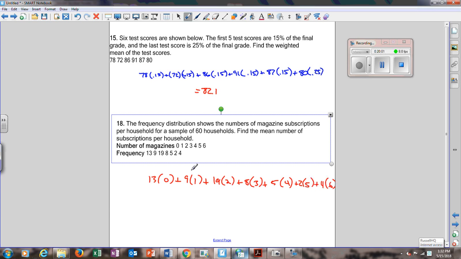Then you divide that by the total number, which is 60. And you get 2.08. Since this is magazine subscriptions, you could say 2, because you can't have a 0.08 of a magazine subscription.